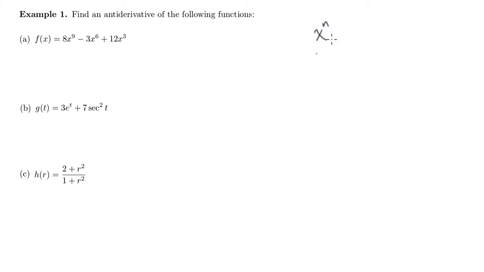If I take the derivative, I bring down n, and then I subtract 1 from the power n in the exponent. So to reverse that process, I should add 1 to the exponent and then divide by the new exponent. So this is an antiderivative.